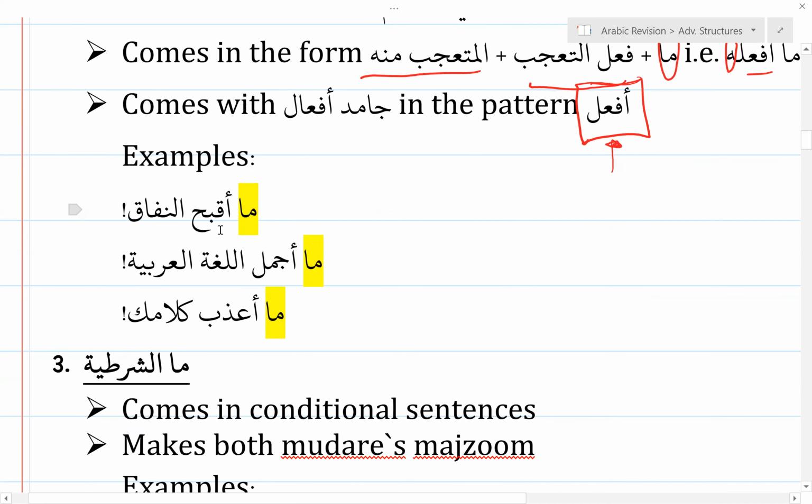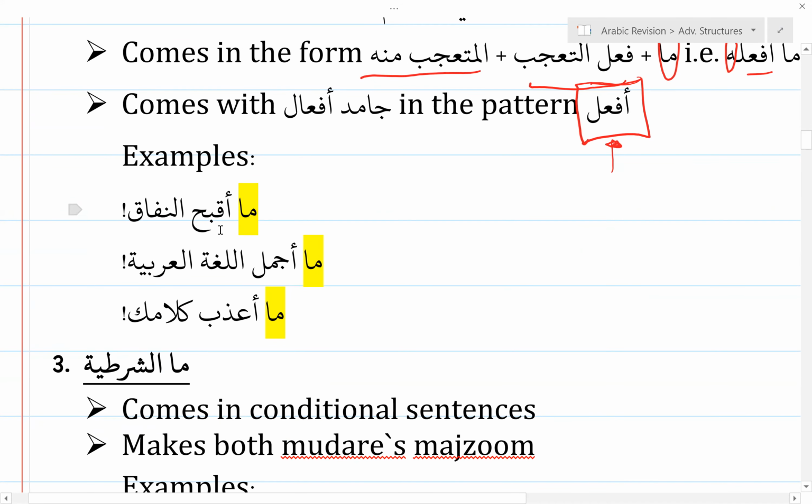The other example here we have is ma a'daba kalamuk. How sweet. A'daba, sweet. Adab is something that is sweet. I know what you're thinking, because adaba is to punish. This is one of the cases where you take a root, ain, dhal, ba, and put it in the aslama family, adaba, and it has the opposite meaning, to punish.